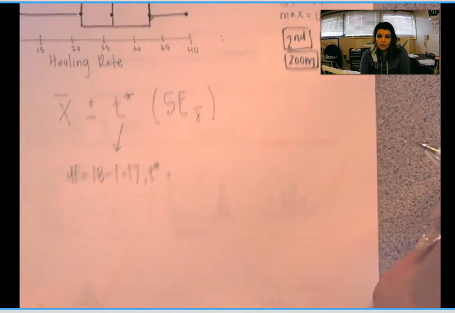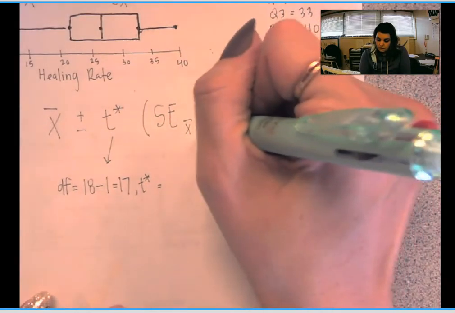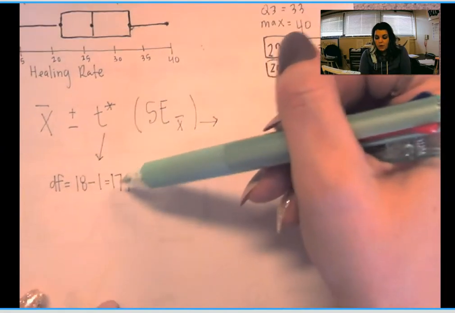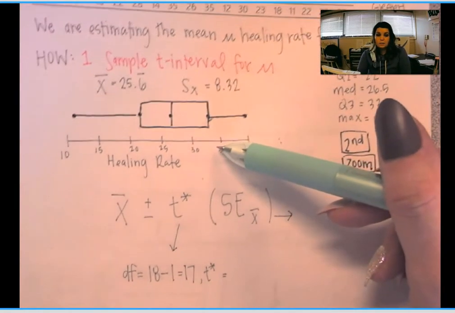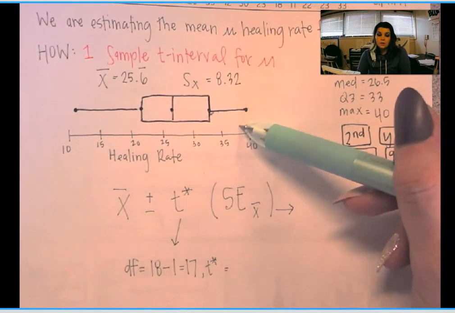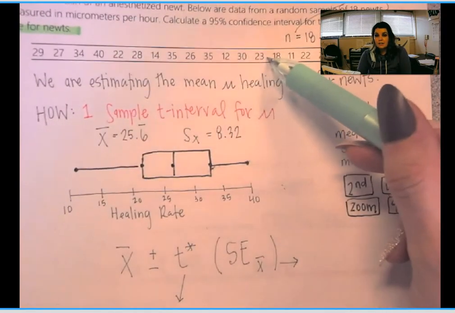You find your T critical. So we have a random sample. We are allowed to use T procedures because this box plot is roughly symmetric with no outliers, which means it's reasonable to assume that this data came from a normal population.